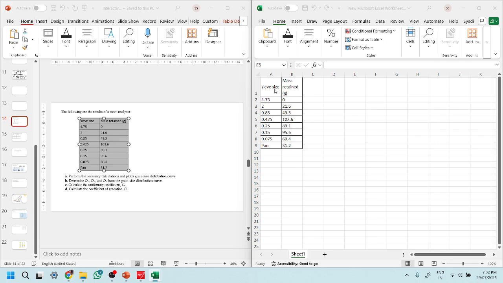After this, what we want to do is calculate the cumulative mass retained. This will be the mass retained. This will be this plus this.